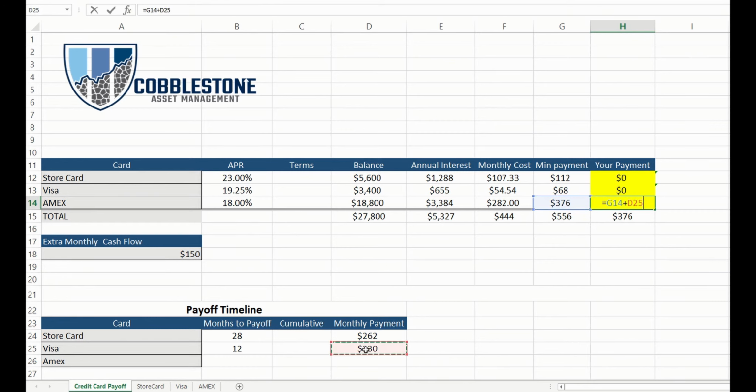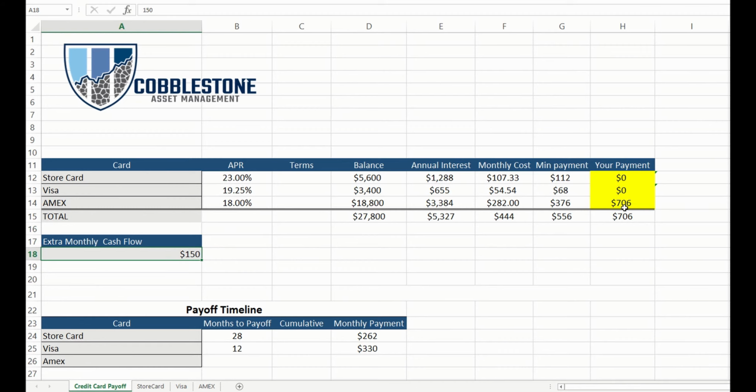We have our $330 we were just paying towards the Visa, which is comprised of the initial minimum payment from our store card, our extra $150 in cash flow, and the initial minimum payment on our Visa, which is now gone. So we're still paying out $706 a month. Just the initial commitment of $150 has gotten us to this point.